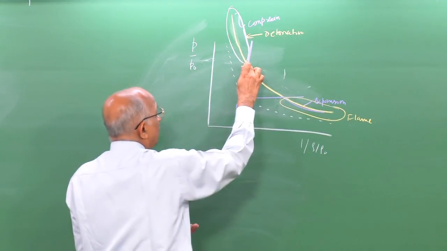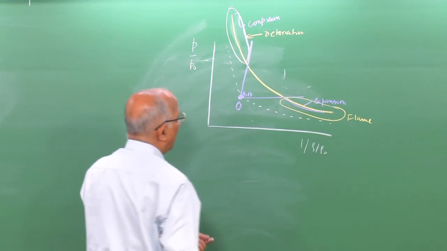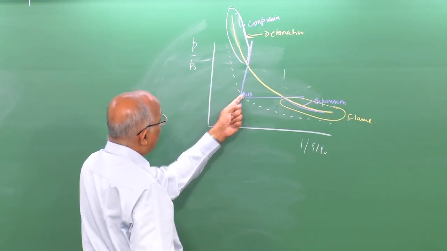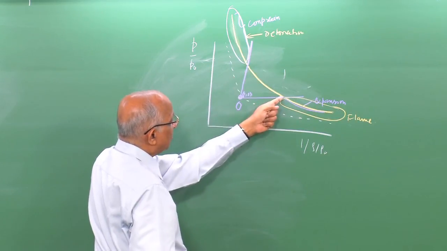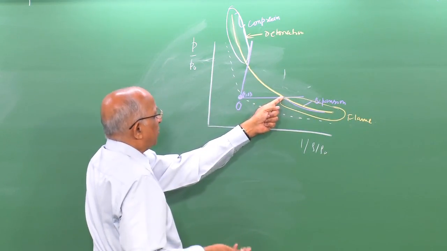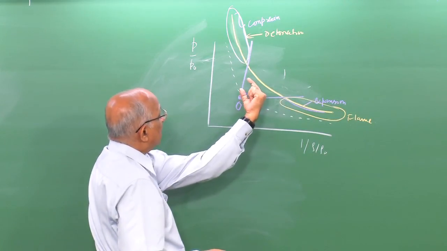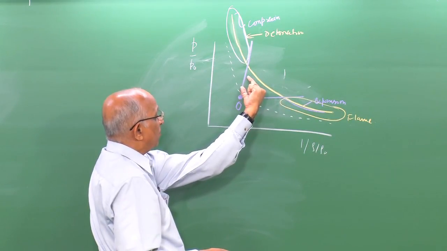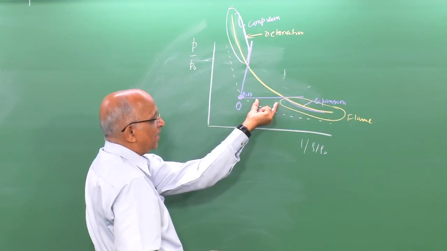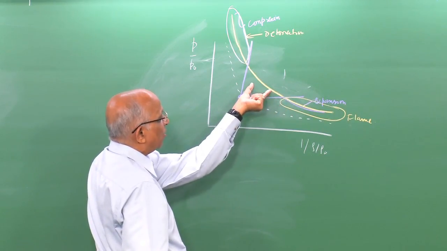In the zone between the vertical line and the horizontal line, you find that the pressure has increased, but the density has decreased. How can pressure increase and density decrease? That means in terms of pressure there is compression, in terms of density there is some expansion. It is clearly not possible.